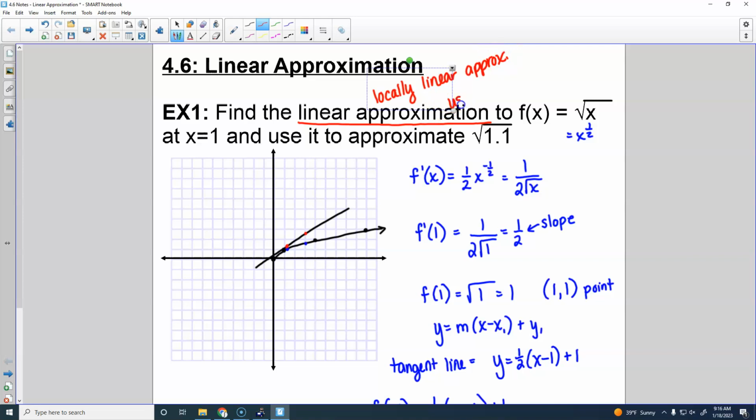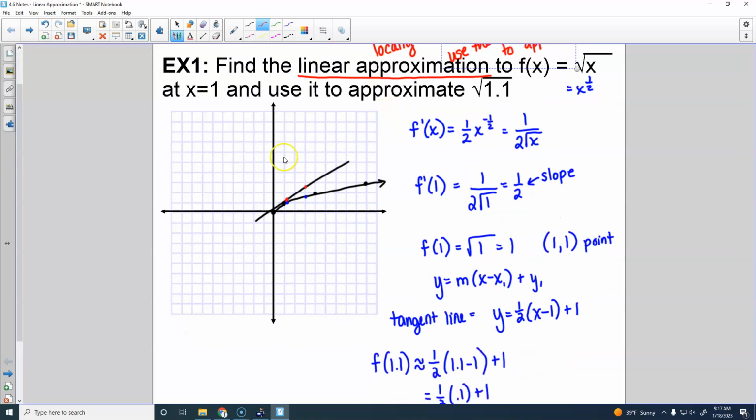It might say use the tangent line to approximate. But those are all phrases that you might see. And what it means is to find the tangent line and then use that tangent line to make your guess. And it's going to be close, but not exact. Okay, questions?